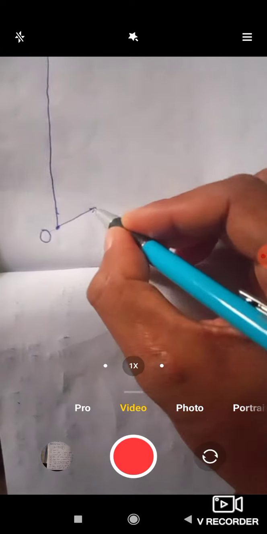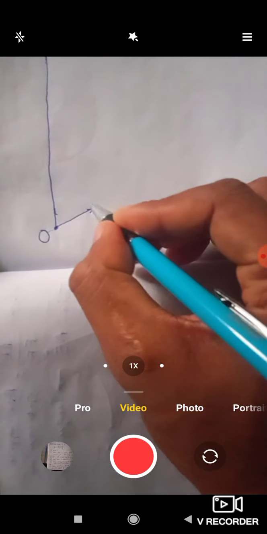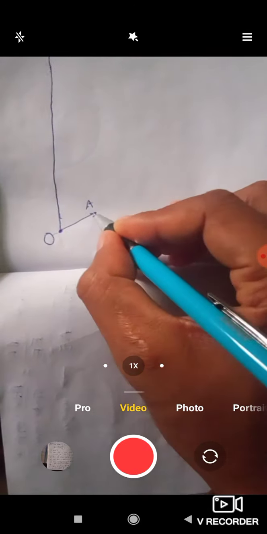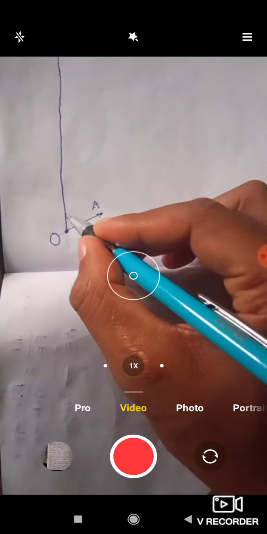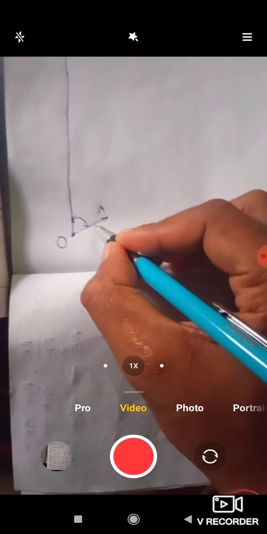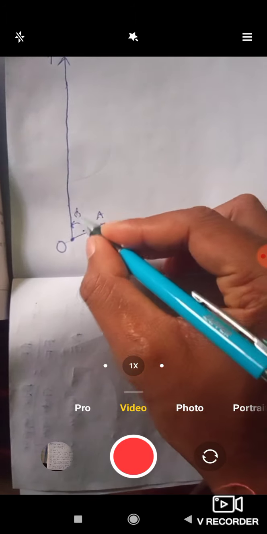Suppose 1 centimeter equals 1 ampere, then if the no load current is 2 amperes, the length OA is 2 centimeters. And for the angle, first we have to take phi naught.